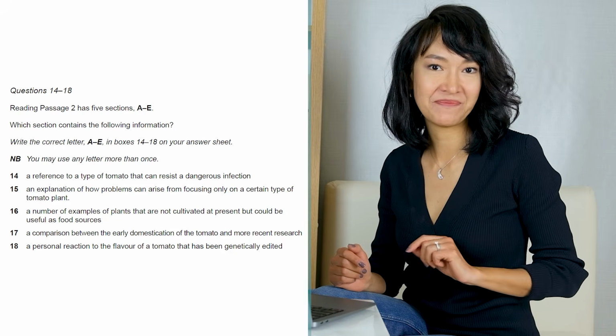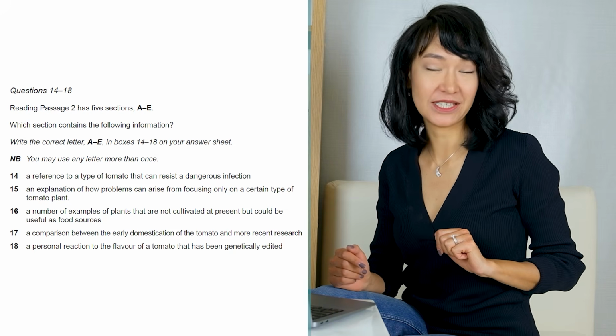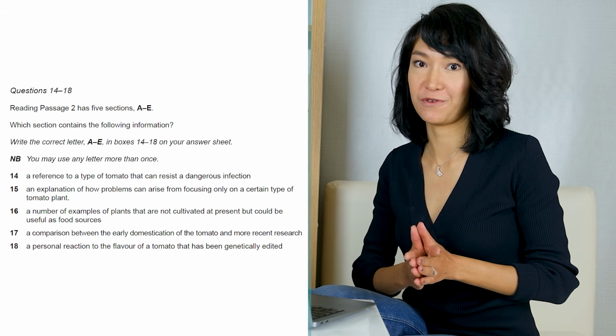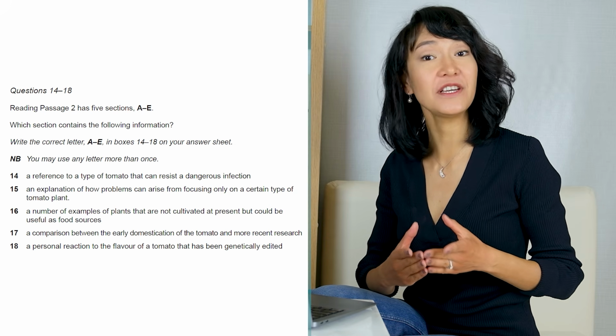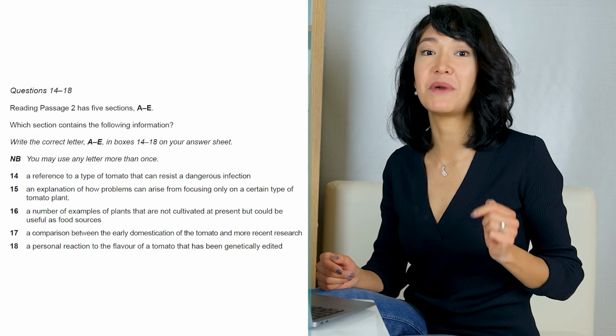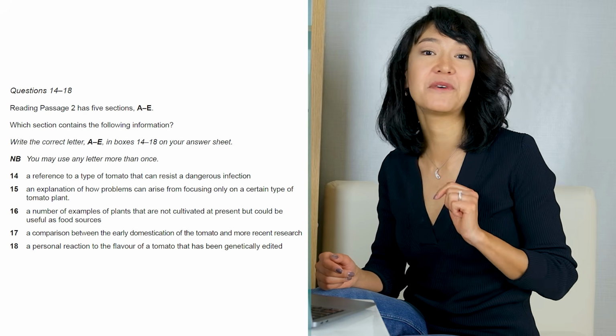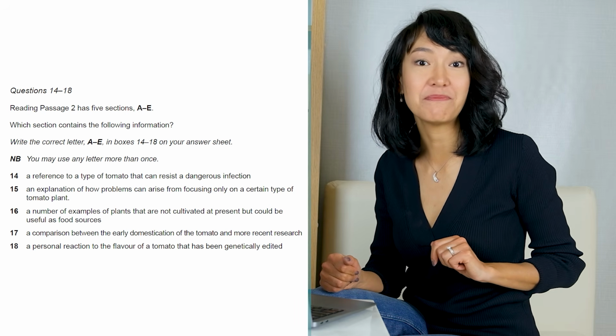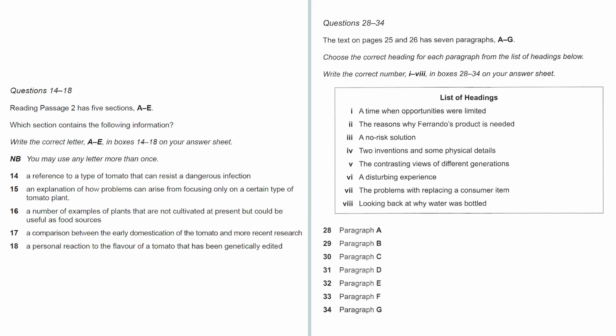Let's start with the matching information task. In this reading passage 2, you are given 5 sections to read through. Your task is to figure out which section contains certain information based on a set of statements provided below. Now, this type of question might remind you of matching headings questions, but there is an important difference between them.